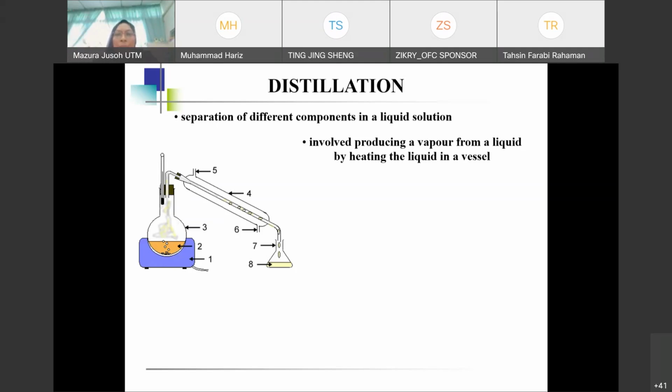Okay, so it's written here in your lecture notes that distillation is separation of different components in a liquid solution. From the explanation just now, you see that this is possible through the different boiling points between the two or more components in the mixture. Okay, so it involves producing a vapor from a liquid by heating the liquid in a vessel. So that is a distillation column.